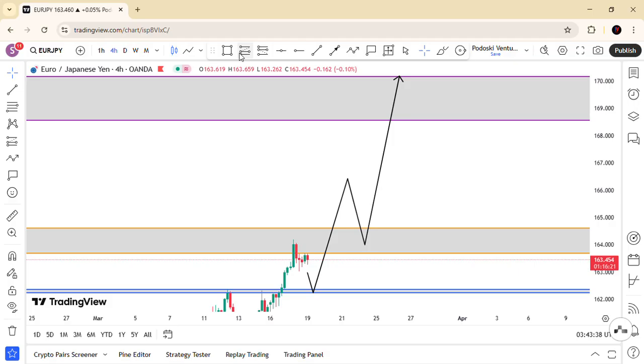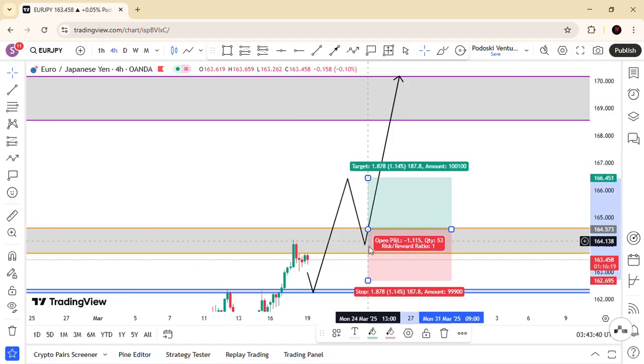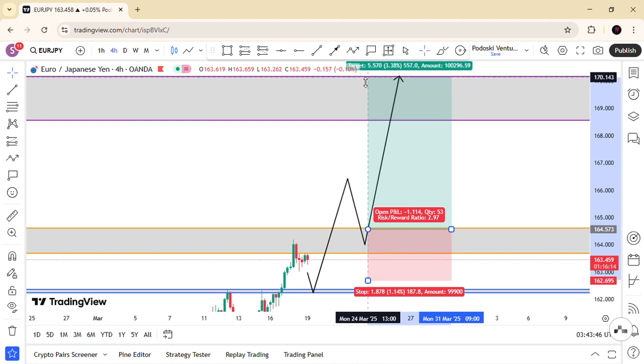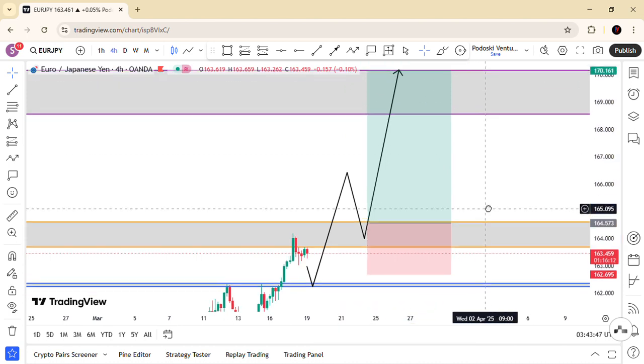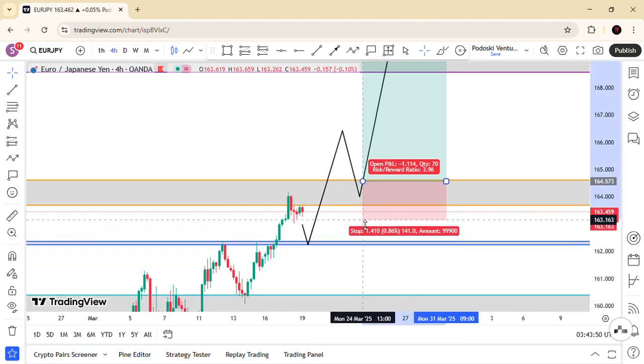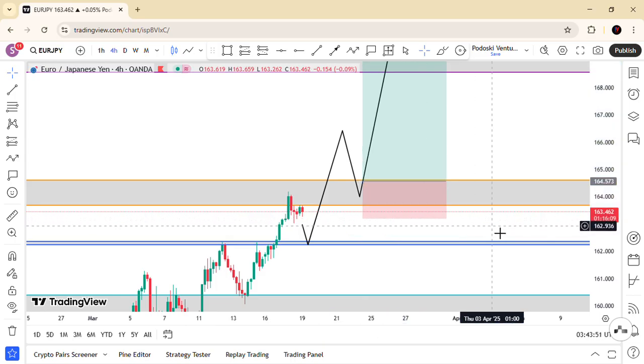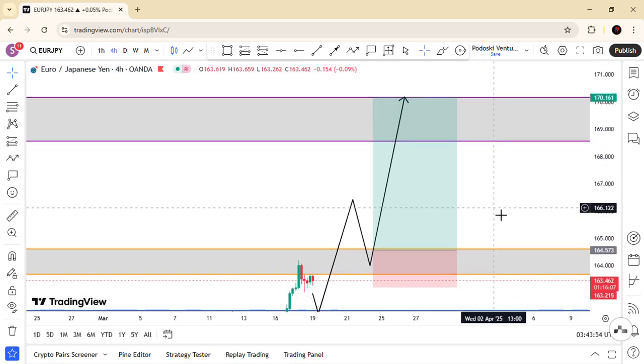So our entry will come only after the breakout of the weekly zone. If we don't see a breakout of the weekly zone, we will still wait until we see the breakout.